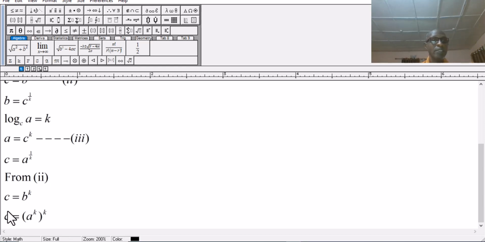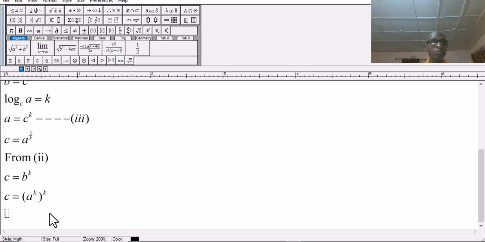Now my c from here, our c is the same thing as a raised to the power of 1 over k. So I'm going to replace that also. I'm going to say a raised to the power of 1 over k is equal to a to the power of k times k, that will be k squared.